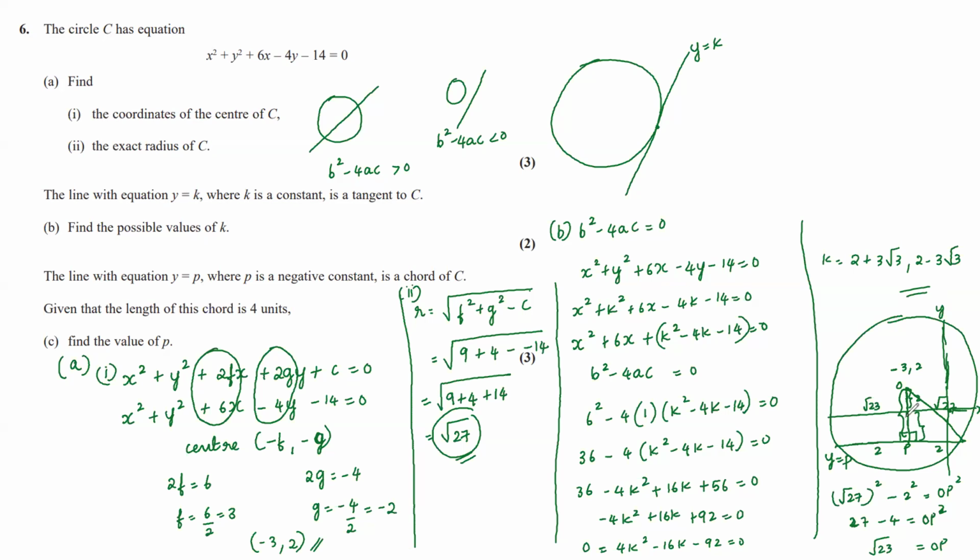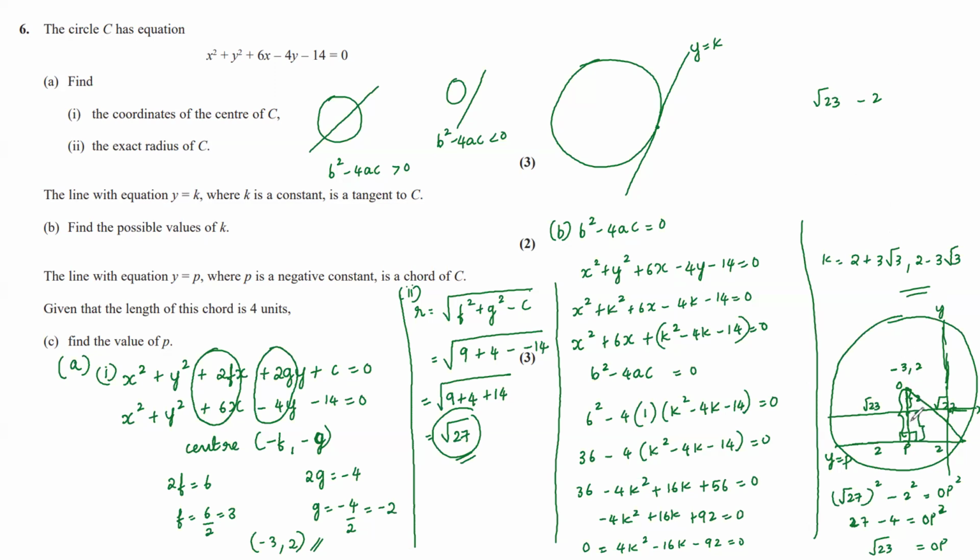To get this distance, from root 23, I need to subtract 2. I need to subtract 2 because this is minus 3 comma 2. From x-axis, the distance here is 2. And we got the distance OP as root 23. So from the whole OP, root 23, I just have to subtract 2. So root 23 minus 2.